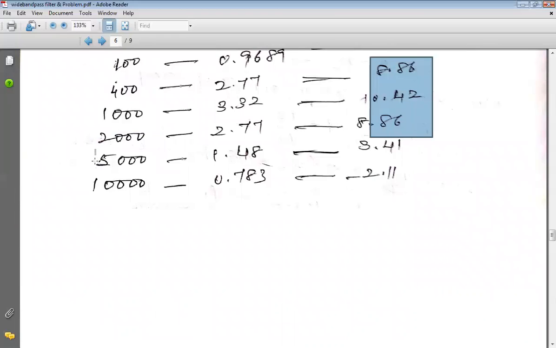Next, as I go on increasing, after 2000 hertz of input frequency, the gain goes on dropping. At 5000 hertz, it will be nearly 3.41 decibels, and at 10,000 hertz the voltage gain is 0.783, because almost all the frequencies will not pass from input signal to output signal, and its decibel value is almost negative.